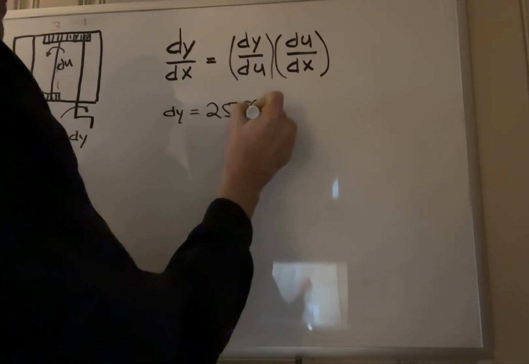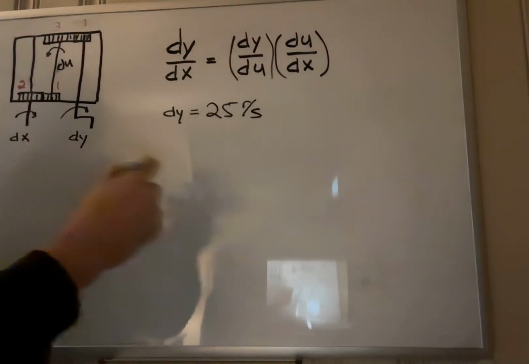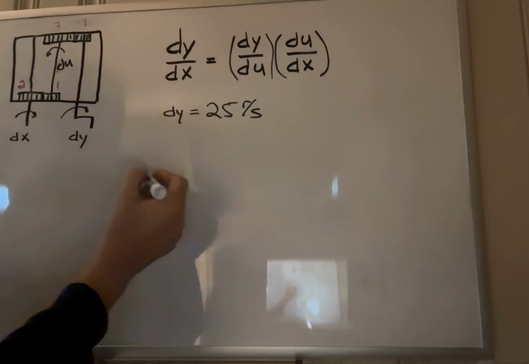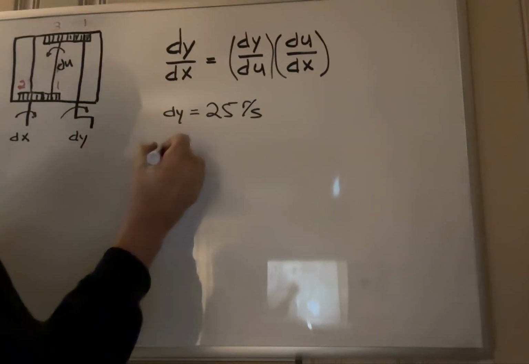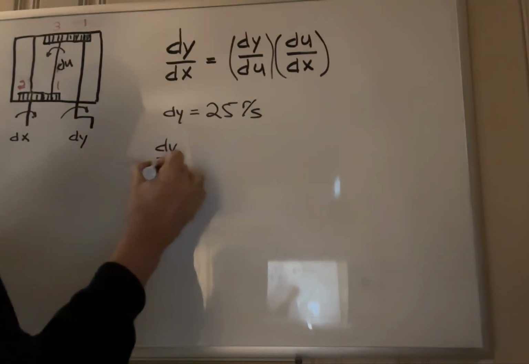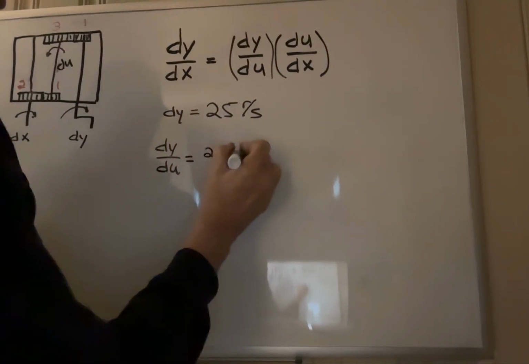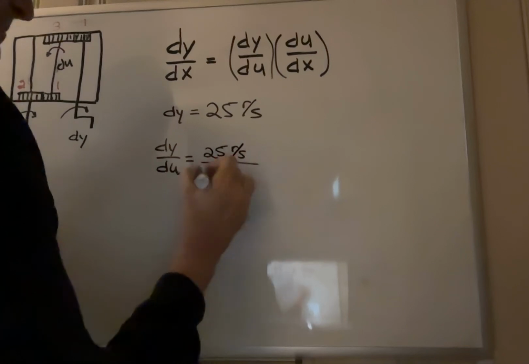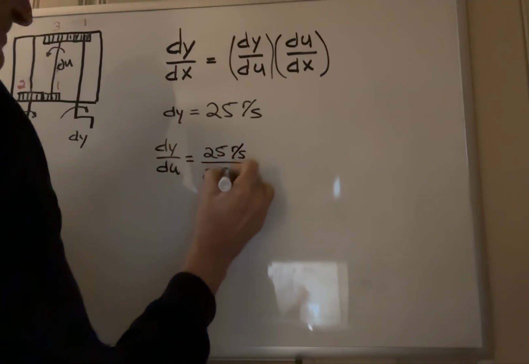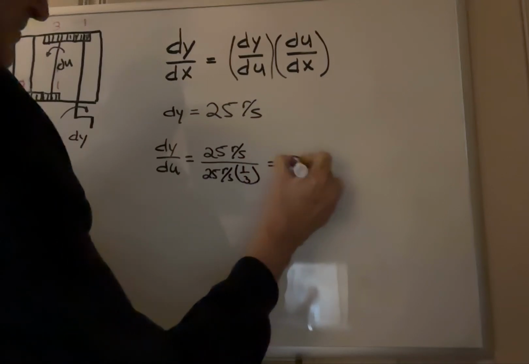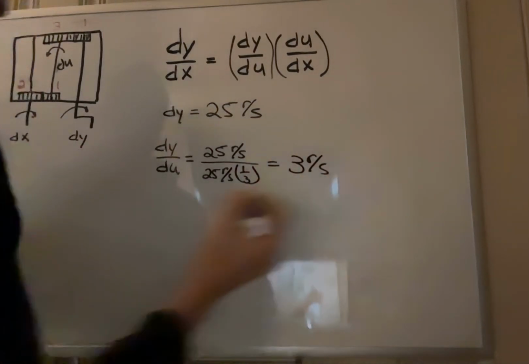Let's look at my dy/du. This is going to be 25 revolutions per second divided by 25 revolutions per second times 1/3. We're going to end up with 3 revolutions per second again.